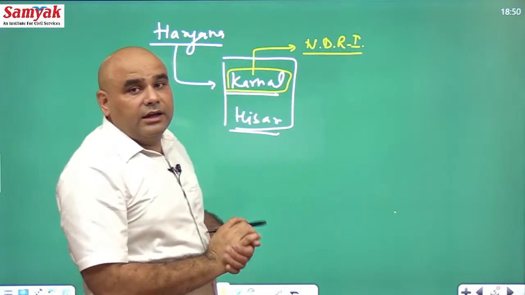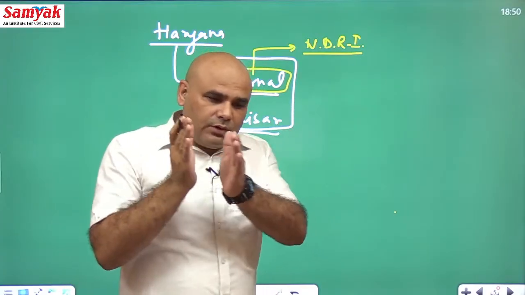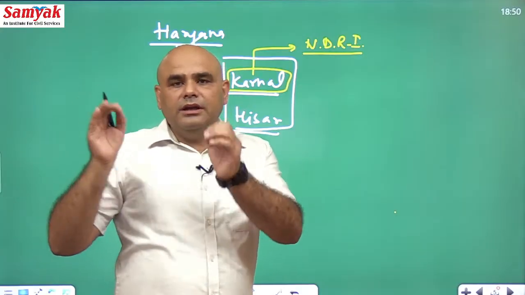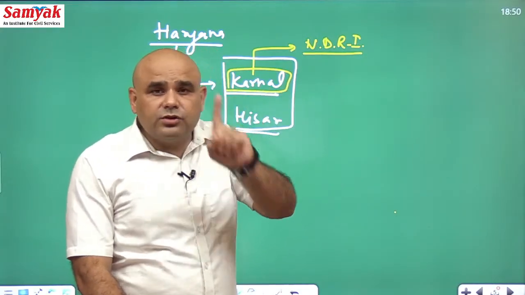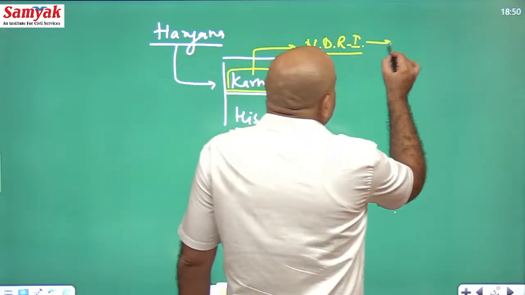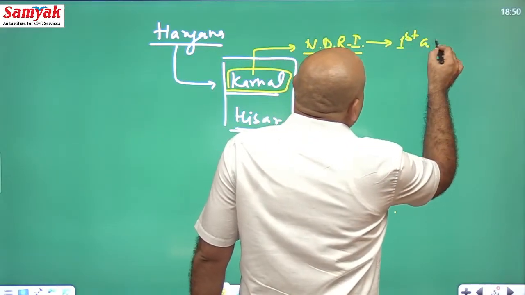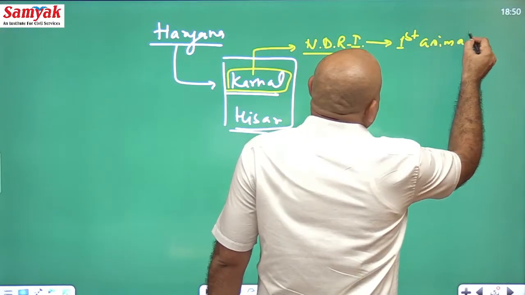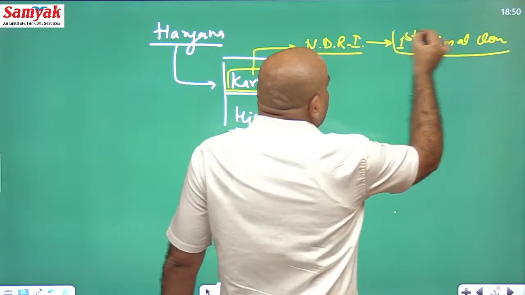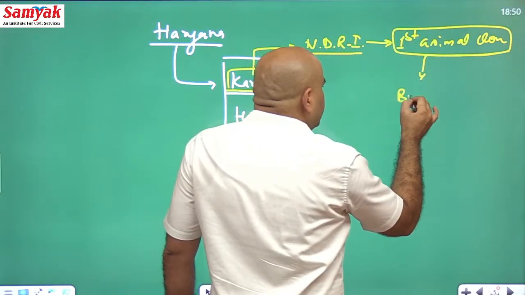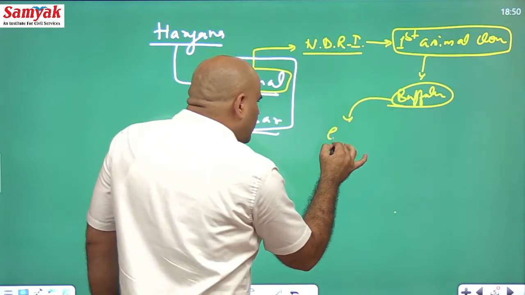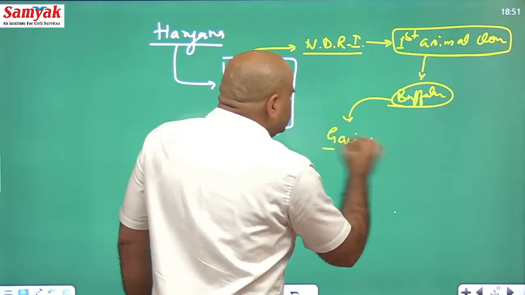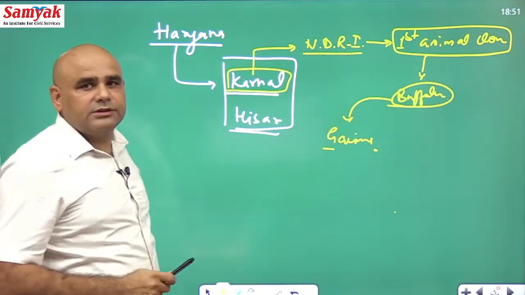NDRI is the research center for all types of animal cloning in India. In NDRI, they prepared the first animal clone of India. This animal clone was a buffalo, and the name of this buffalo was Garima. You have to remember this, Garima.